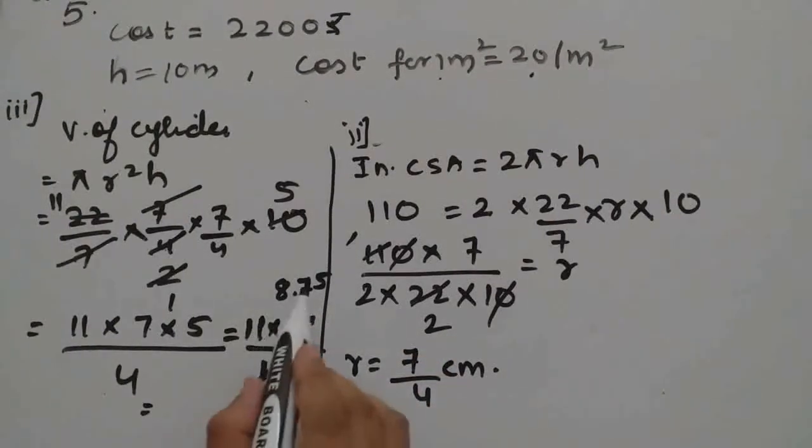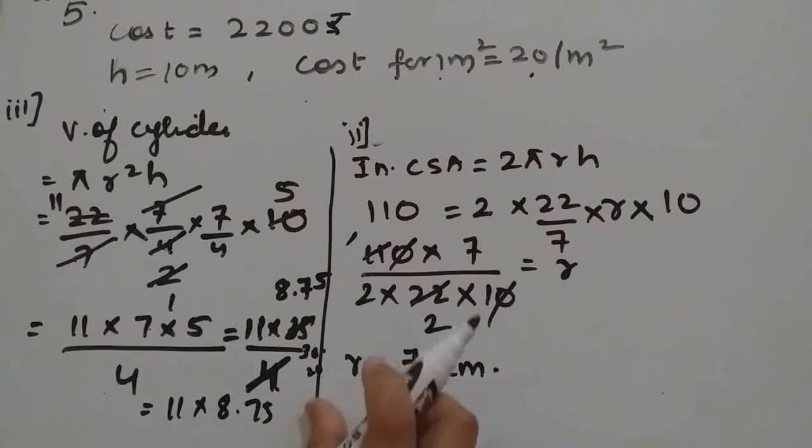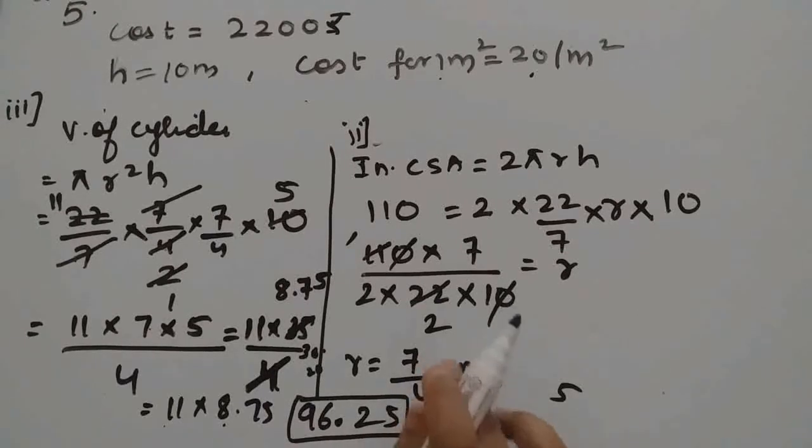So 11 into 8.75 will give 96.25 centimeter. Sorry, all are in meter, so meter cube. This is also in meter, not centimeter. Okay, so 96.25 meter cube.